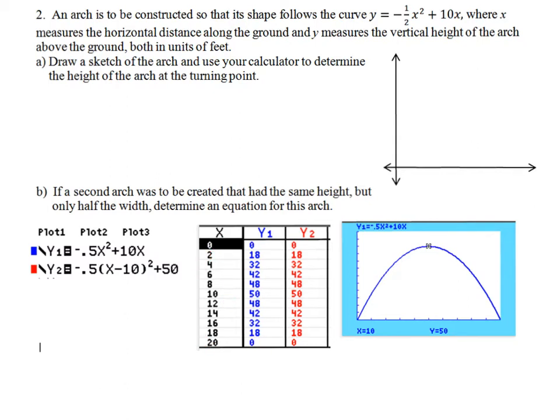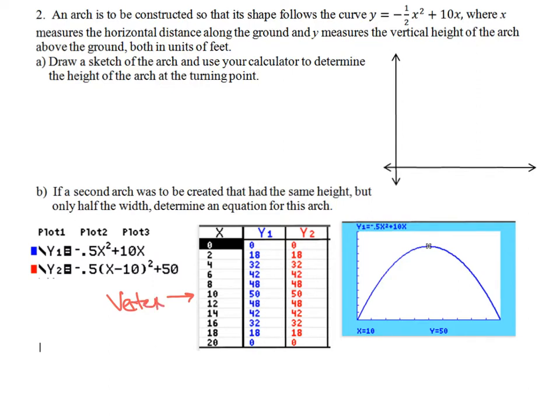Now as you can see, I'm getting a nice parabola shape. I can see that in my table because there's symmetry with the first and the last value at 0, and the middle value, of course, is 10, 50. So I can see right there the vertex of my parabola just by looking at that table of values.